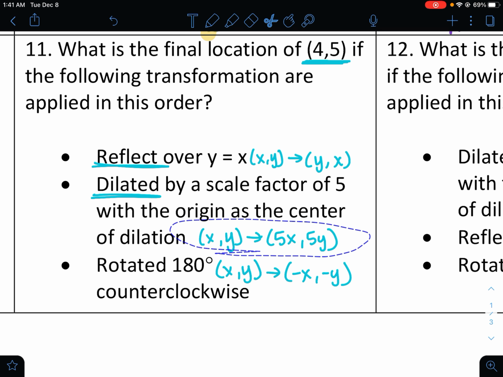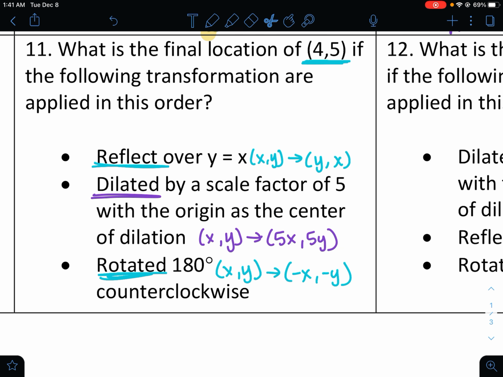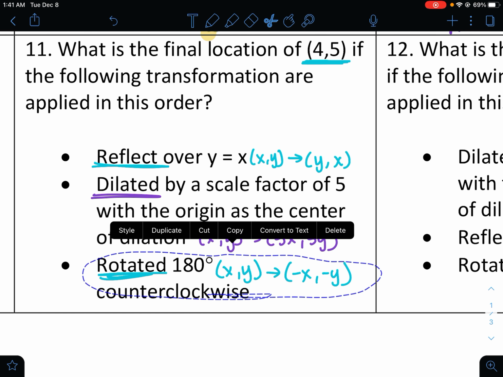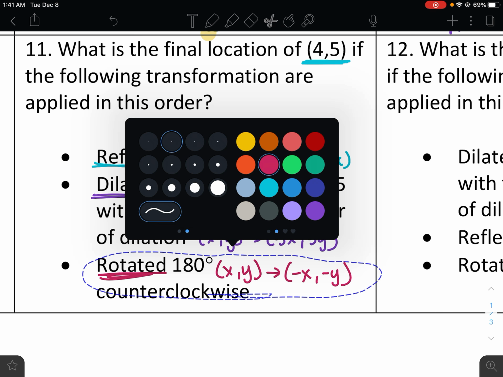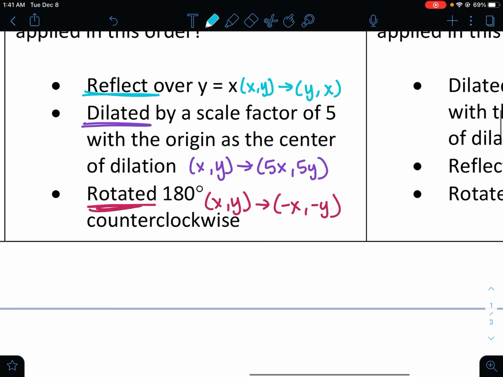Let me do this so we can distinguish between all 3. The first thing we want to do with (4, 5) is apply the reflection. So I'm going to draw a little arrow. We have to use this rule, so switch the 4 and the 5.